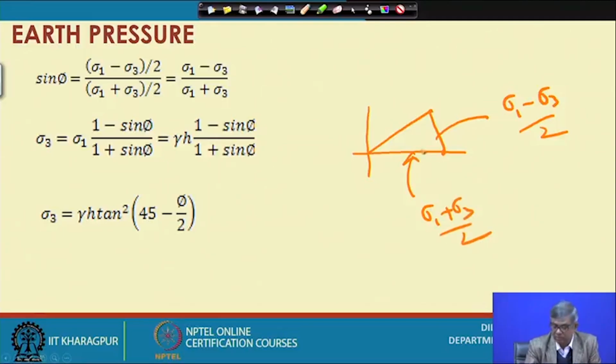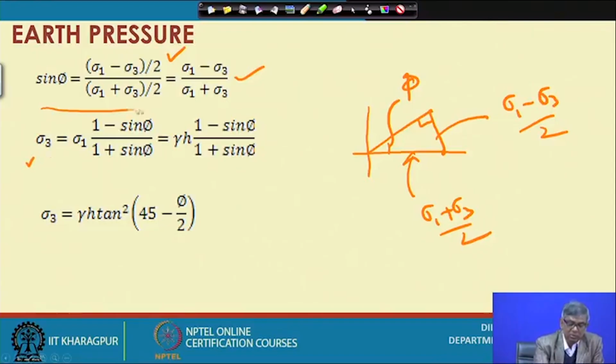So this by this, actually this is a right angle. So this by this is actually your sin phi, this is phi. So based on that I have written here sin phi, and then if I simplify a little, it becomes sigma 1 minus sigma 3 by sigma 1 plus sigma 3, and further simplifying, if I express sigma 3 in terms of the other, then the expression reduces to this form.